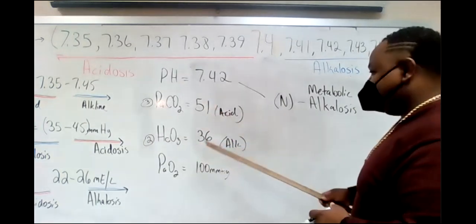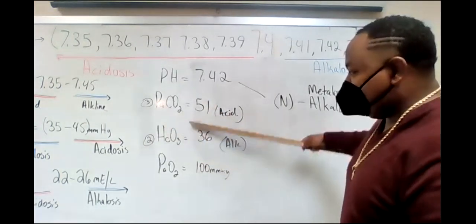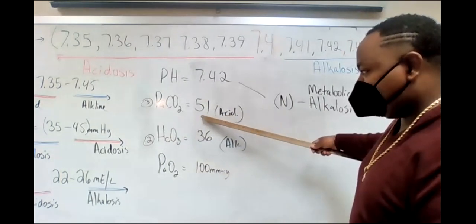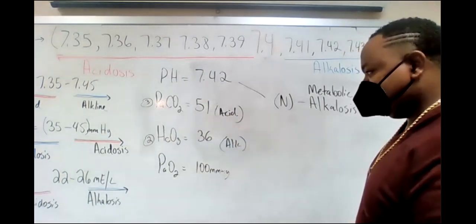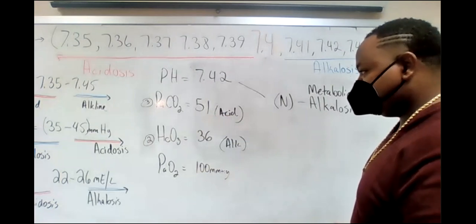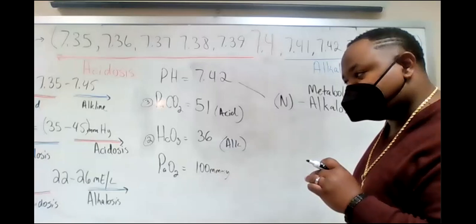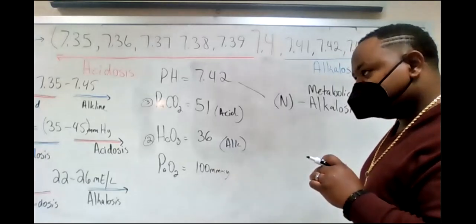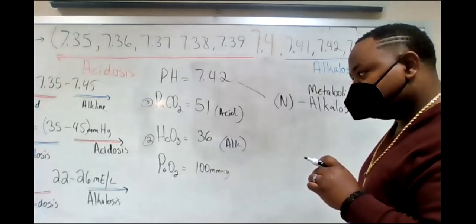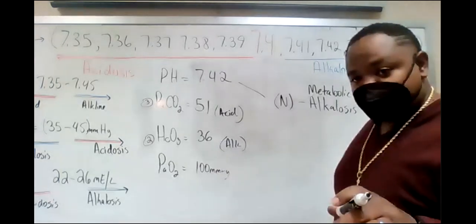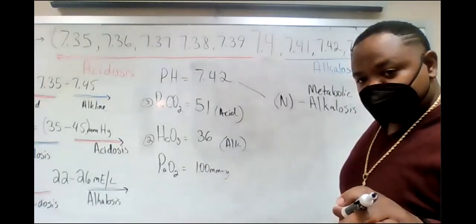Good. Now, let's look at the last part of this. Rule number 3. Is my third player in normal range? Yes or no? Is this in normal range for CO2? No. So if it's not in normal range, that means what, Christian? Don't you have the rules? Not up on my screen right now.